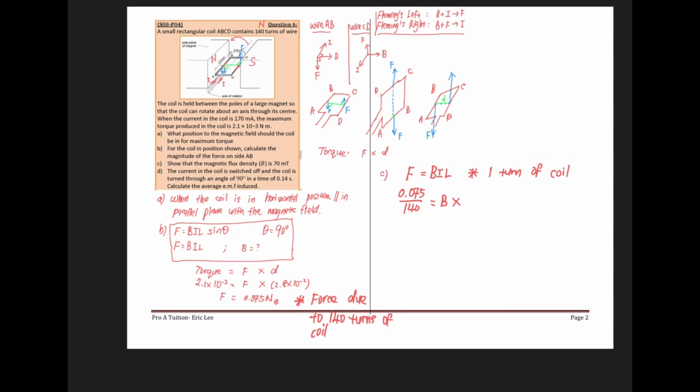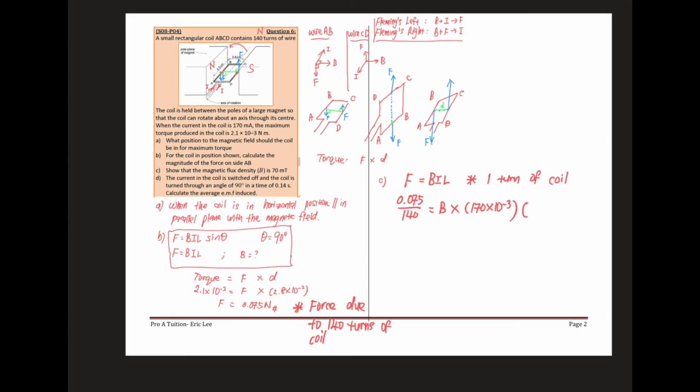The current is 170 milliampere, 170 times 10 negative 3. And then the length you have to remember, the length must be the length inside the magnetic field, which is the length of AB, 4.5 cm.